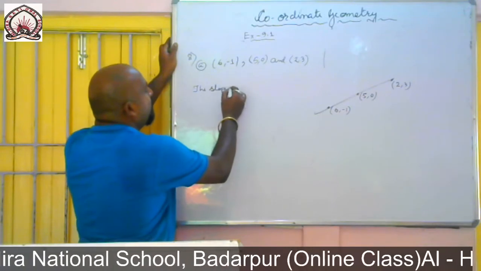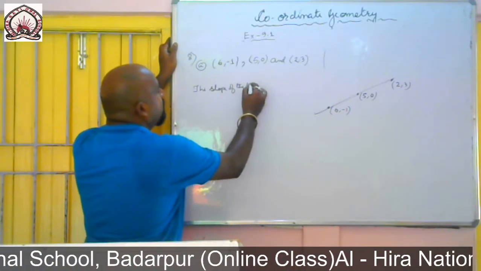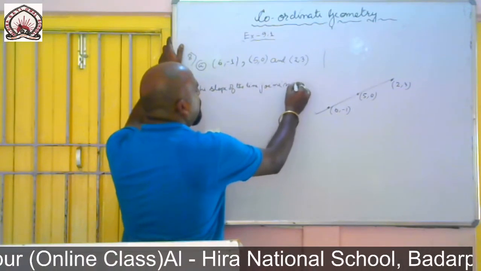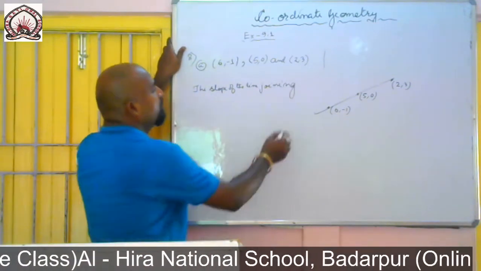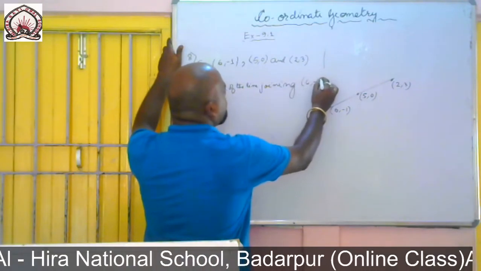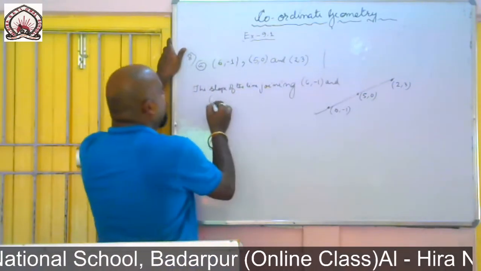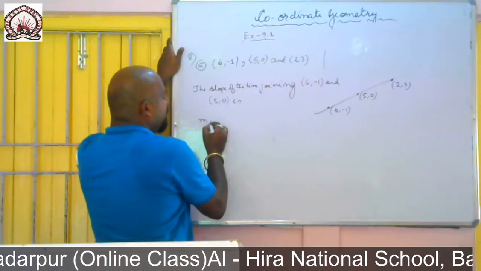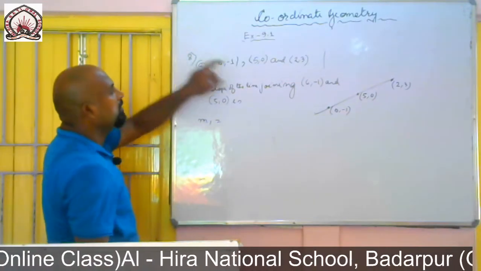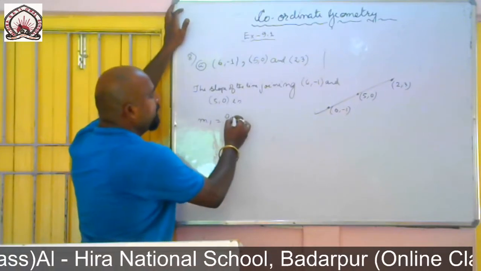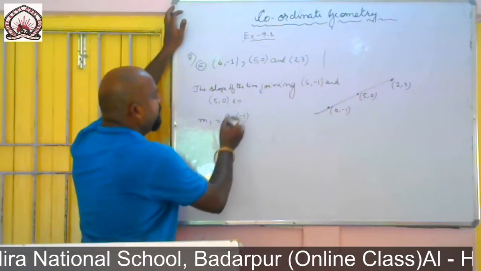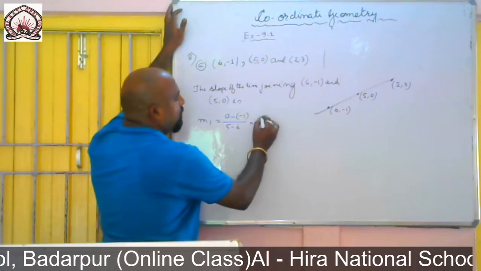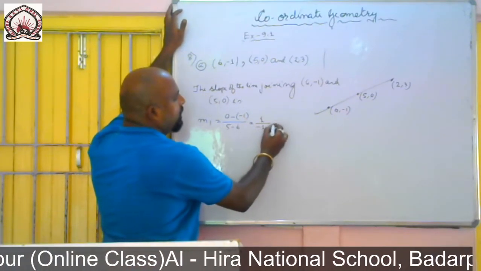The slope of the line joining 6 comma minus 1 and 5 comma 0 is m1. The change in y coordinate: 0 minus of minus 1 divided by 5 minus 6, equal to 1 by minus 1, equal to minus 1.